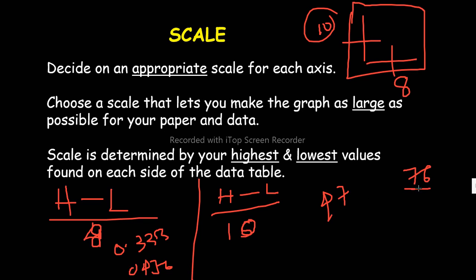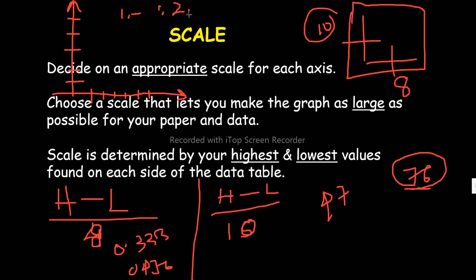Now the value that you get, first of all, if you want to easily plot a good graph that you can easily find the values to plot, your scale, the range from one value to another value, we call it a range. It should either be in multiples of ones, that is to say 1, 2, 3, 4, 5, 6, and so on.